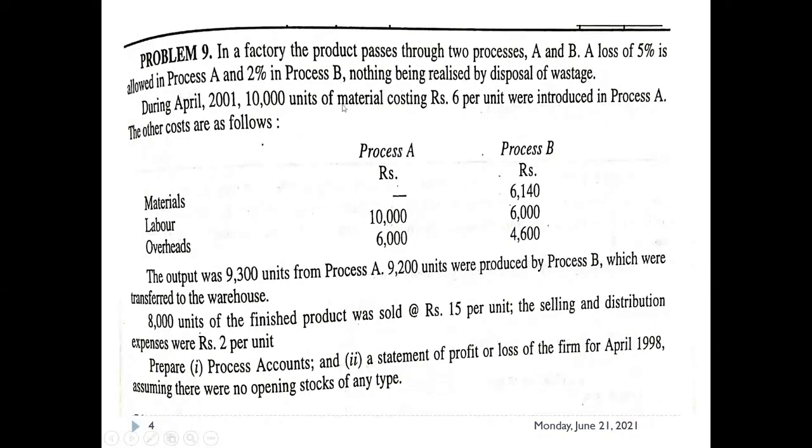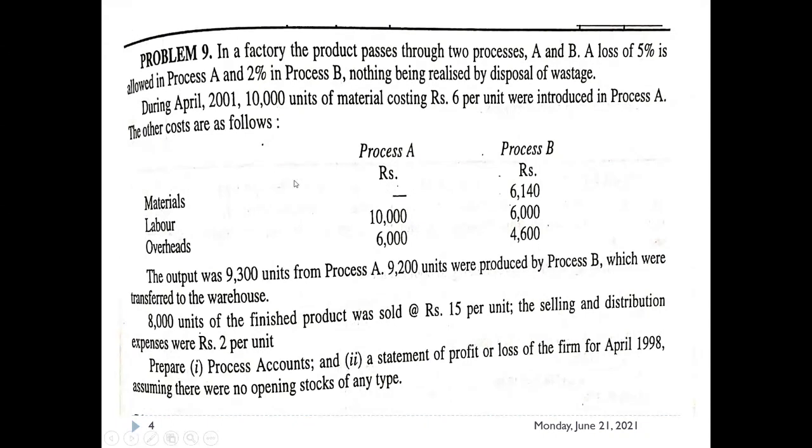So this is called what? Normal loss, and nothing is realized by disposal of this wastage. That means nothing is entered in the amount column because there is no scrap value.